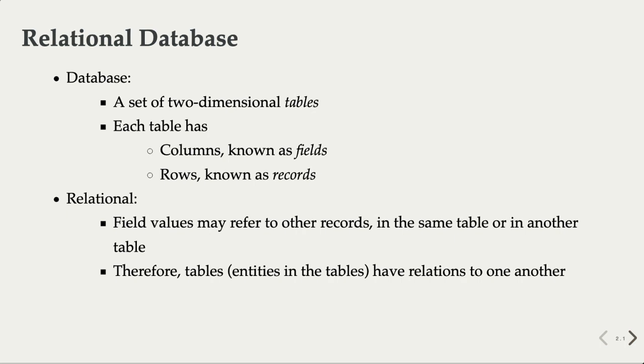We refer to some of these databases as relational databases because data or entities in these data tables have relations to one another. For example, field values in one table may reference other records in the same table or in another table, and therefore they establish some kind of relation among one another.